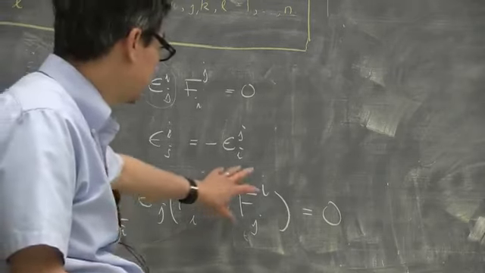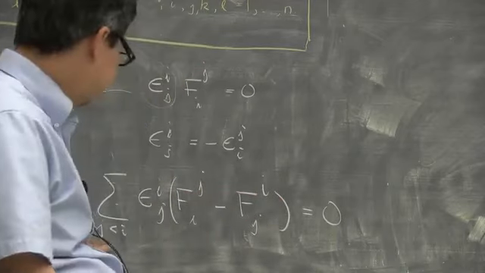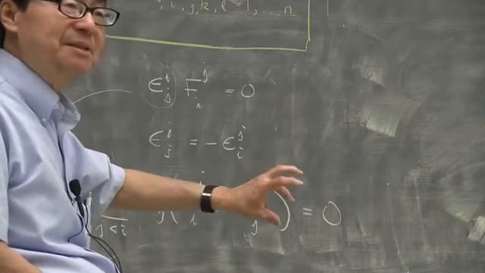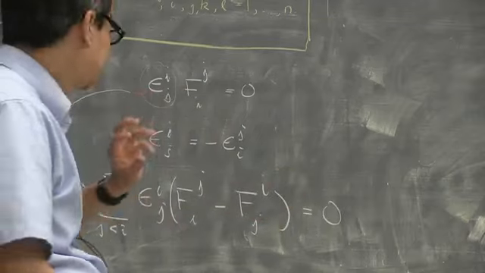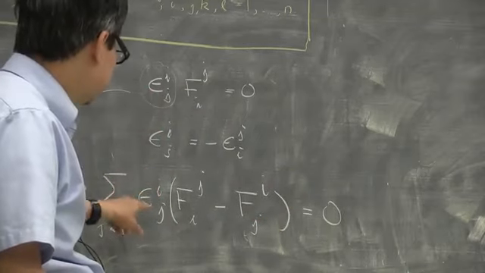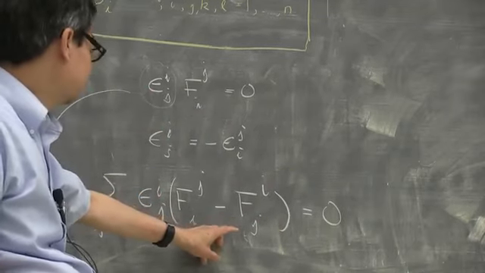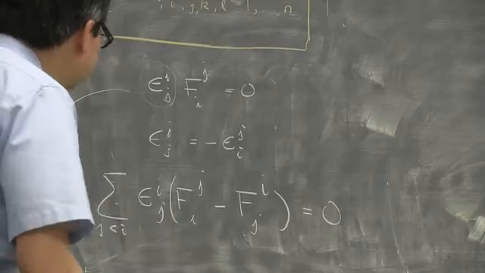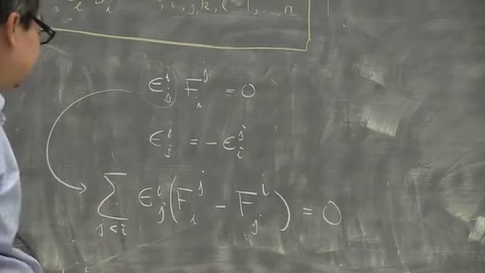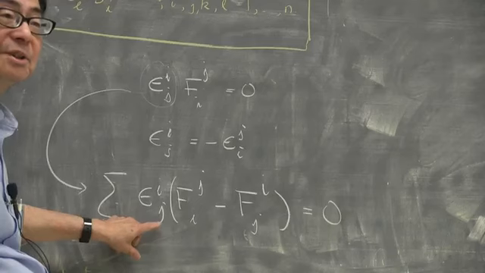Okay, that goes here. But if you still want to write it as j less than i, you have to flip the indices. Right? Once you flip the indices, the epsilon gets changed in sign. Okay? So you have this situation in here.